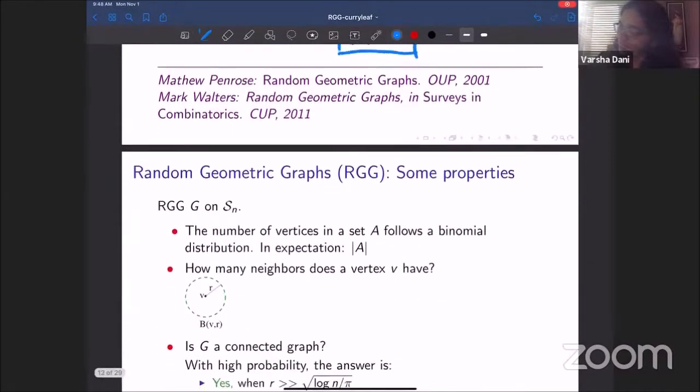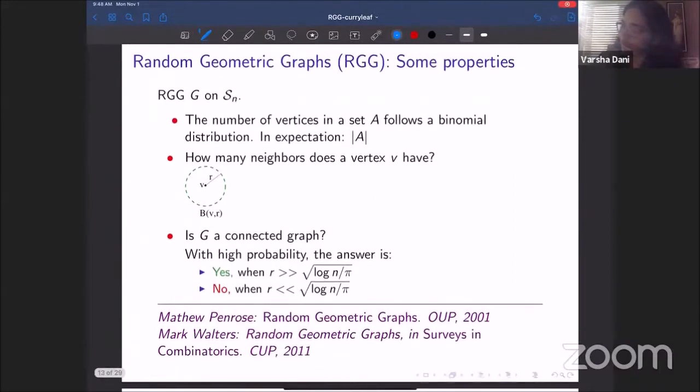But it turns out that with high probability, when R is at least square root log n over pi, the graph is very likely to be connected. And when R is smaller than that, it's most likely not going to be connected. In fact, it's most likely going to be a bunch of isolated vertices with some little trees. So this is the case of interest.